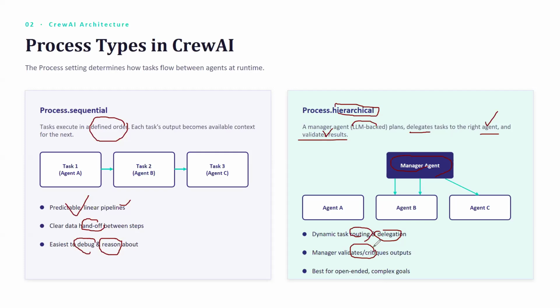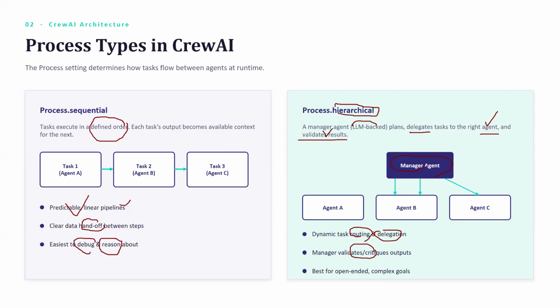An essay on XYZ topics could be lengthy, 500 words, 1,000 words. But who is going to validate that whatever is written is factually correct? So we need a critique agent also. In that case, you can use this manager agent, a kind of hierarchical strategy that you can follow when you're designing with CrewAI.